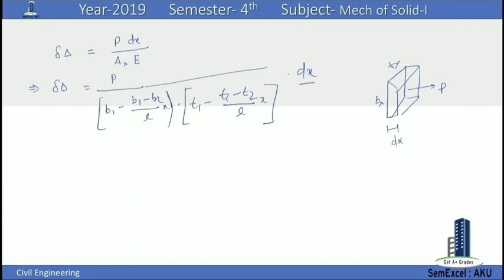Now this dx varies from 0 to L, so we have to integrate it, and limit should be 0 to L. So delta is equal to integration of 0 to L.